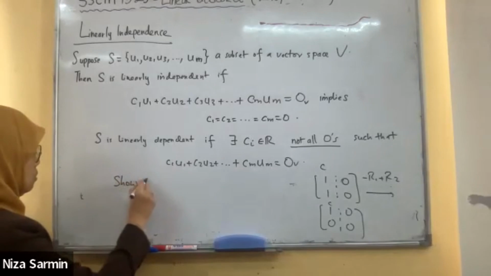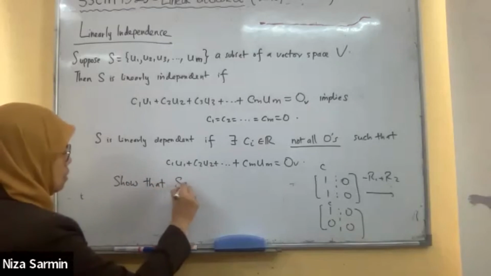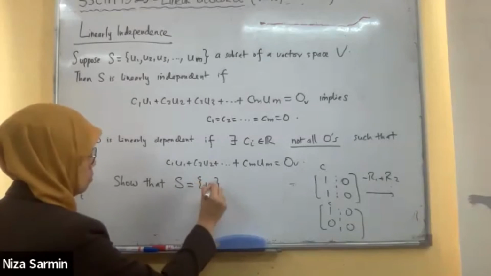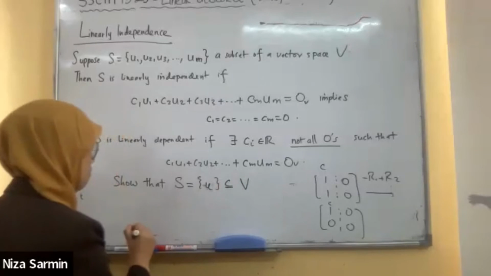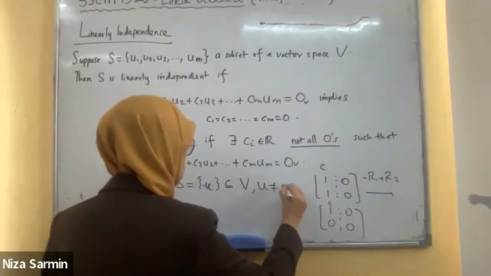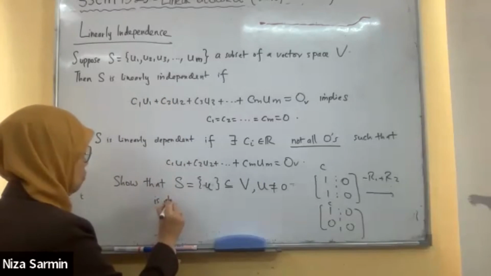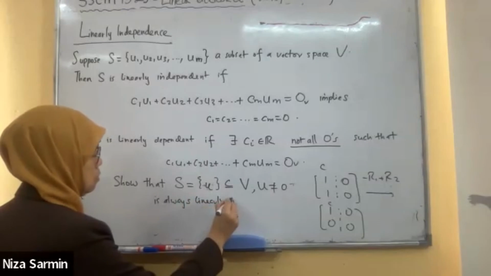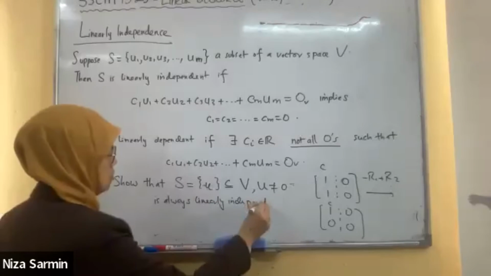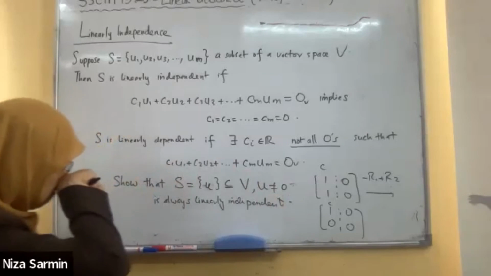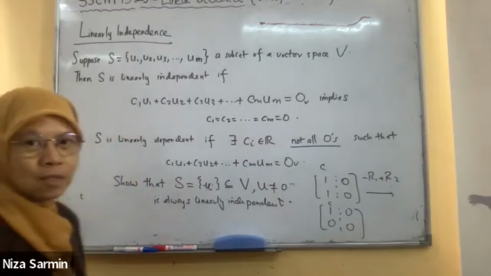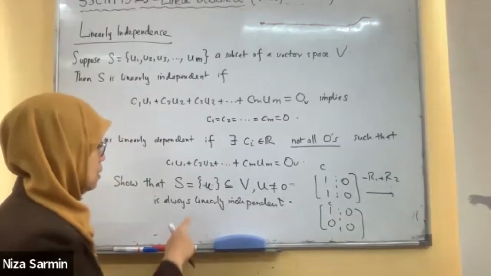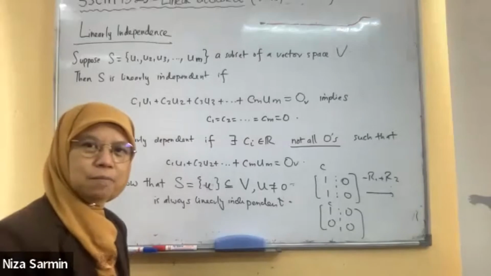Show that S equals {u} in V, u is not 0, is always linearly independent. Okay, any set that has only one non-zero vector is always linearly independent.